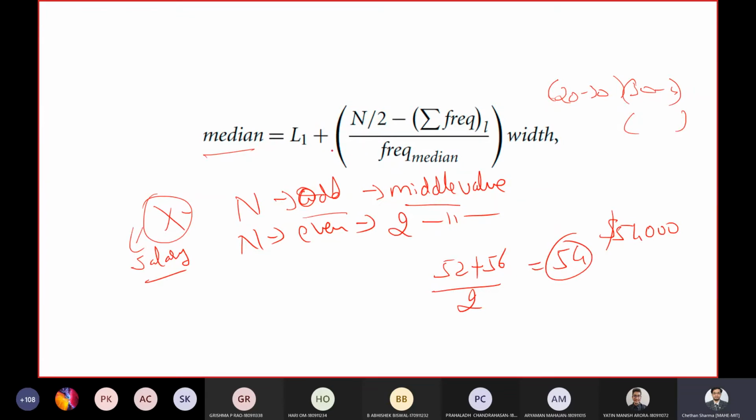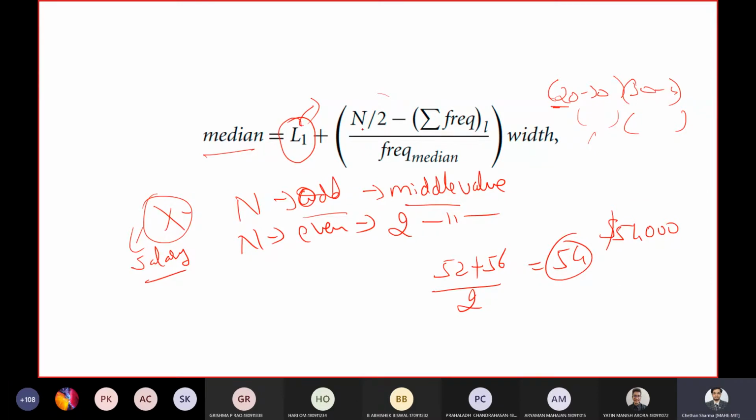As I told you, this particular equation, which is on the screen, is used when the data set is in terms of intervals. If the data is in intervals, like between 20 to 30, and the frequency is given, we use this equation, where L1 is the lower boundary of the median interval.